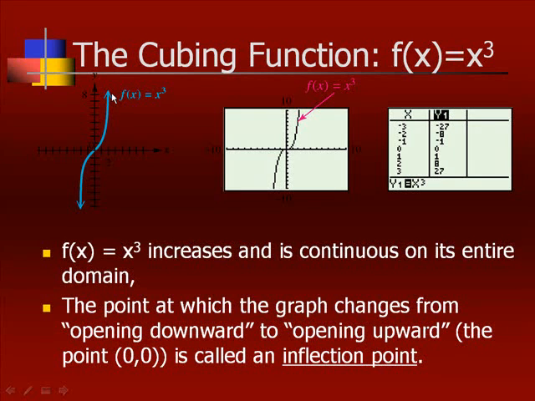And then the point at which the graph changes from opening downward, which is right here, and opening upward, which is right here, is called the inflection point. Okay, in a parabola it was called the vertex. In a cubic it's called the inflection point.